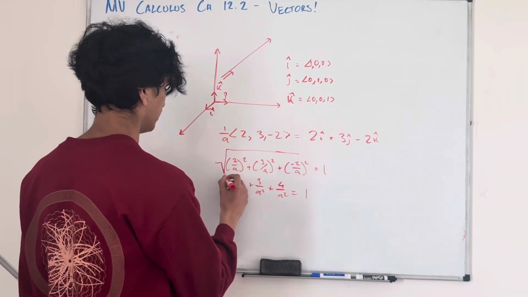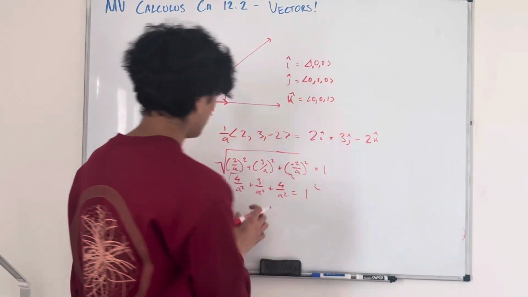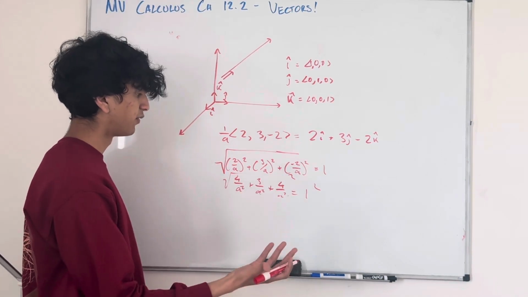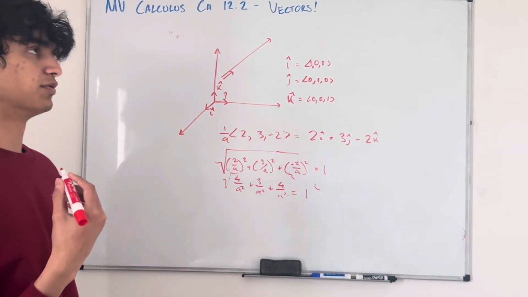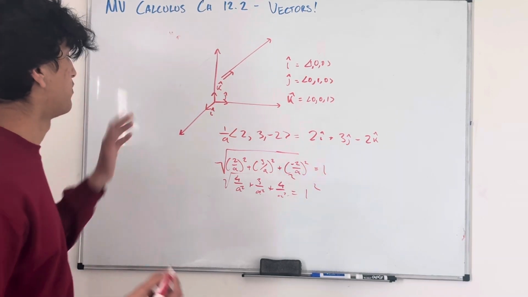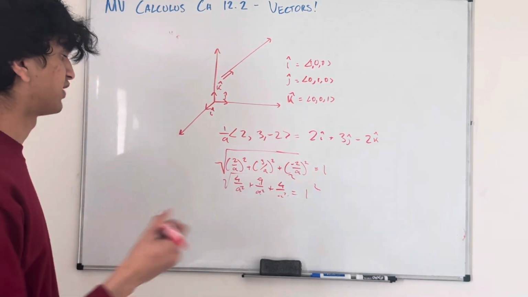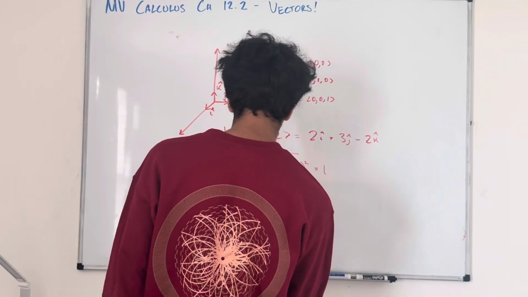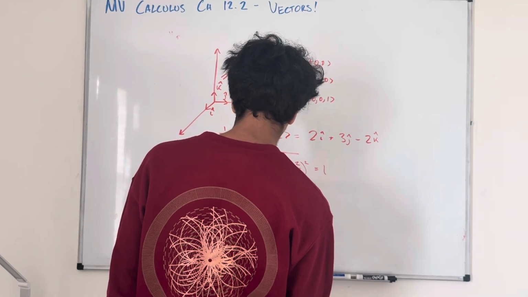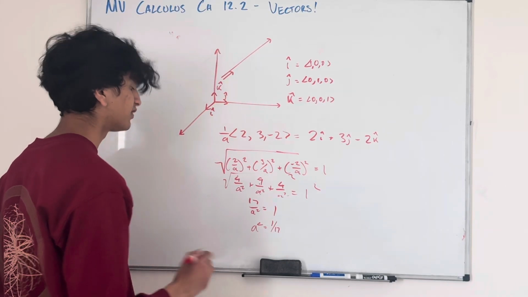And I can just square both sides, and I still have 1 on the other side. So now, common denominator, 4 plus 9 plus 4. Maybe 16? No, I messed this up because this is a 9. Okay, 4 plus 4 is 8, 8 plus 9 is 17, so I get 17 over a squared is equal to 1, or a squared is going to equal 17. Yes, I do get 17.